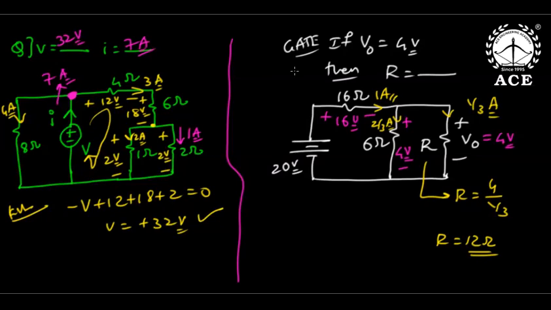So with respect to mirror image, the nodes which are at the same distance are equal, but the nodes which are on the same axis cannot be at the same potential. Understood?